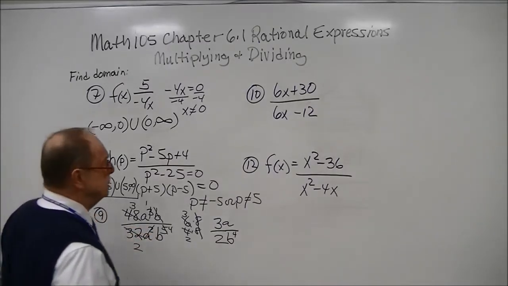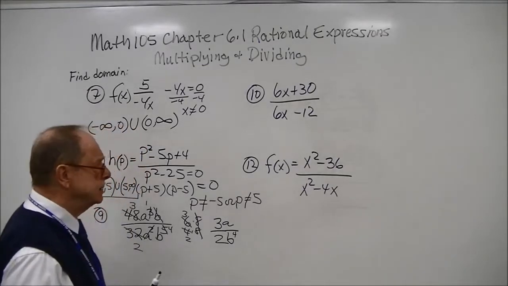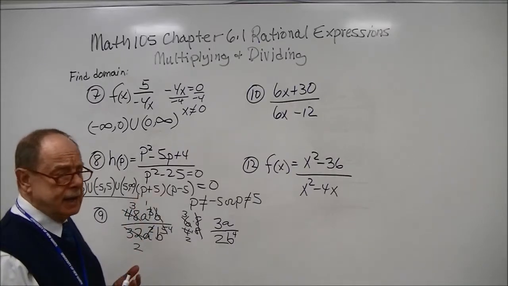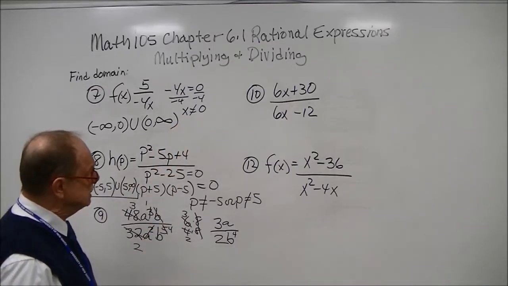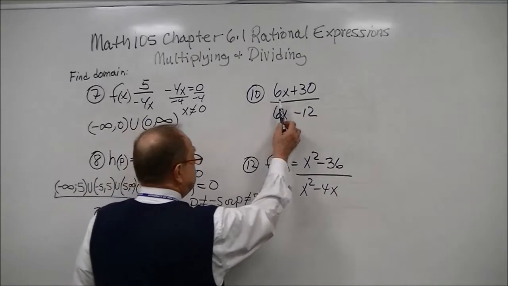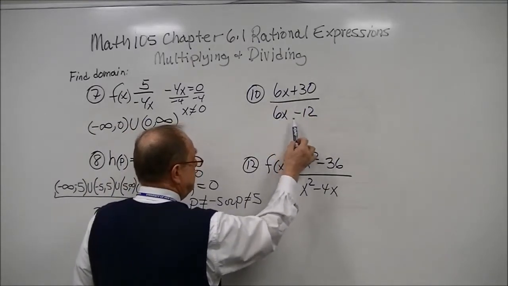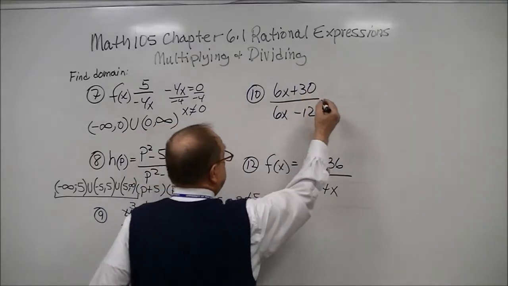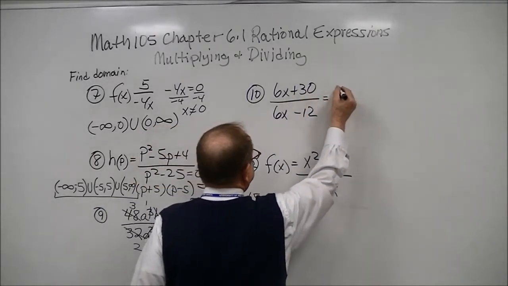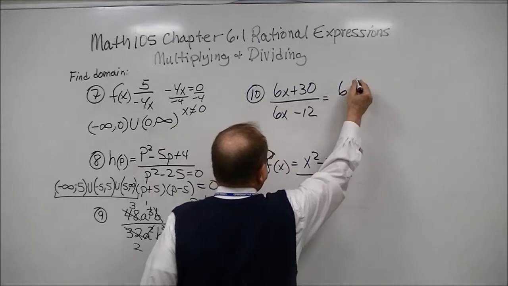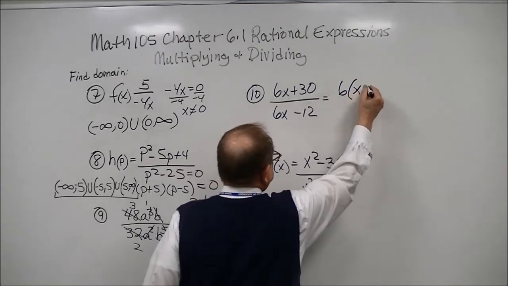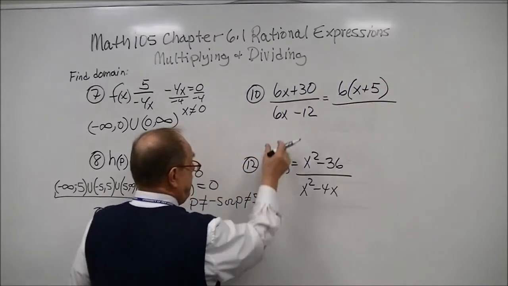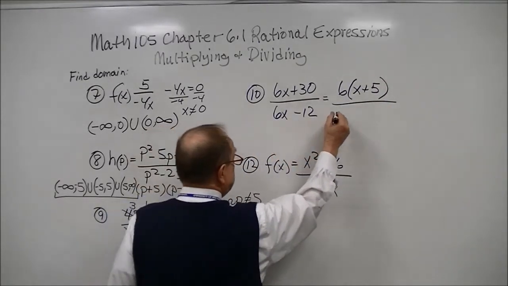As we go on to number 10, and again, strategy. What kind of jumps out at you from number 10? Well, I can see a 6 here and a 6 here. So I'm going to factor out from the top a 6. And I see a 6 on the bottom as well.